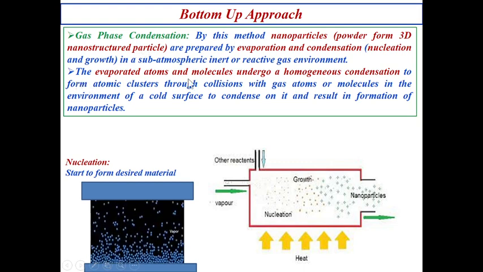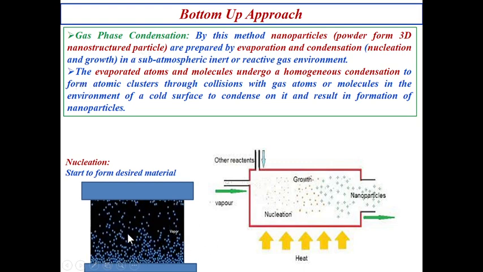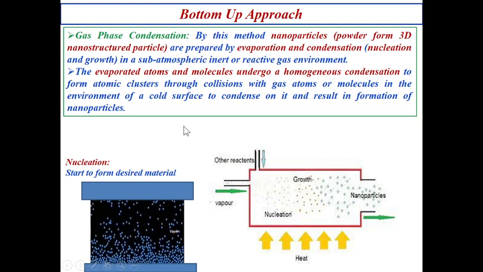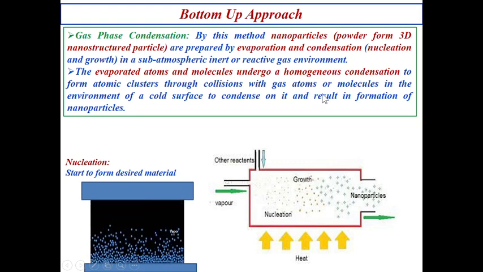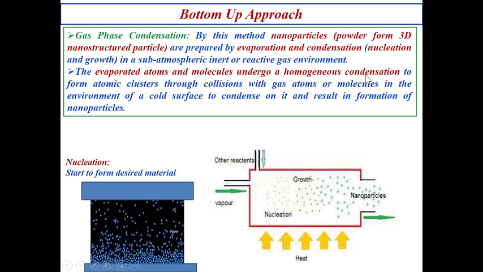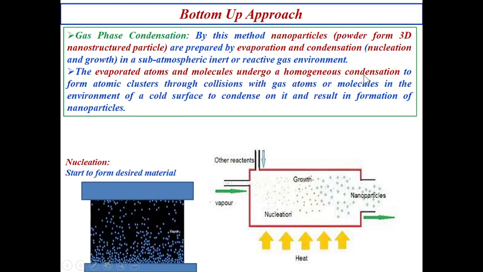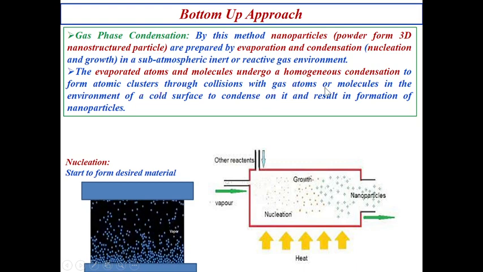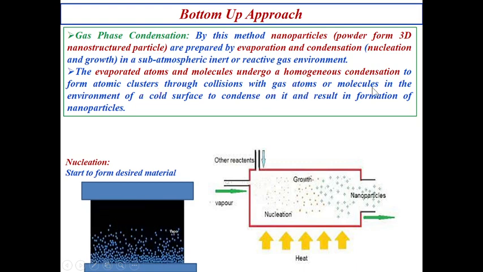So when the atoms and molecules are evaporated, those atoms and molecules undergo a homogeneous condensation to form atomic clusters through collisions with gas atoms or molecules.